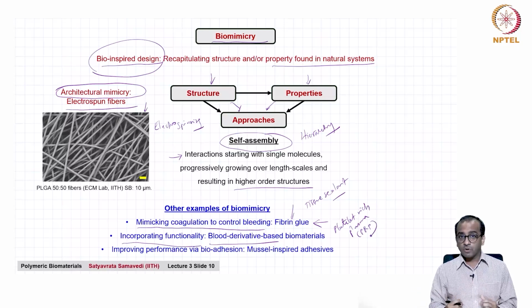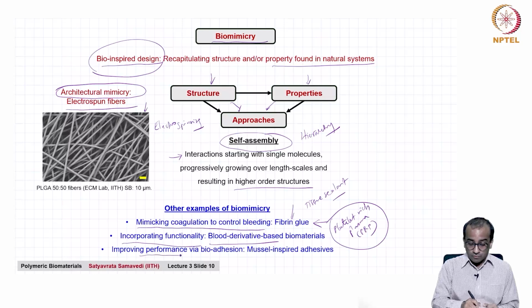That is gaining a lot of popularity now, where platelet rich plasma, which is a blood derived set of components, can be incorporated into biomaterials, for example to confer some form of bioactivity, if you will. If you can take a natural component from the blood like PRP and integrate it with synthetic materials, arguably you can leverage the beneficial aspects of both synthetic and natural materials to incorporate unique kinds of functionalities into these materials.